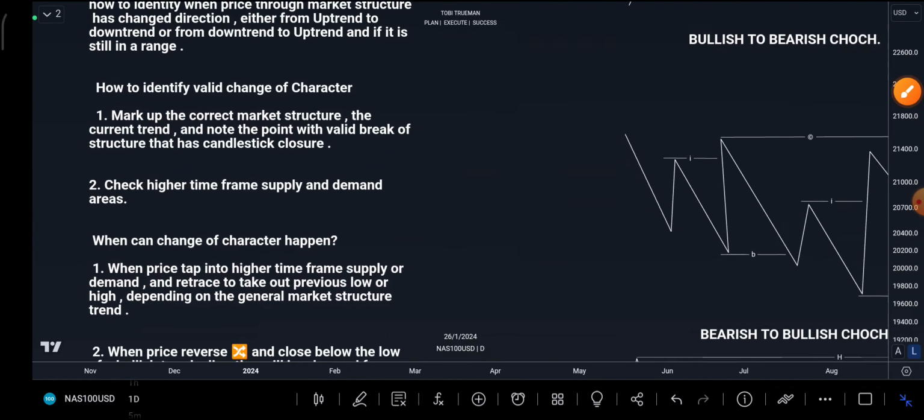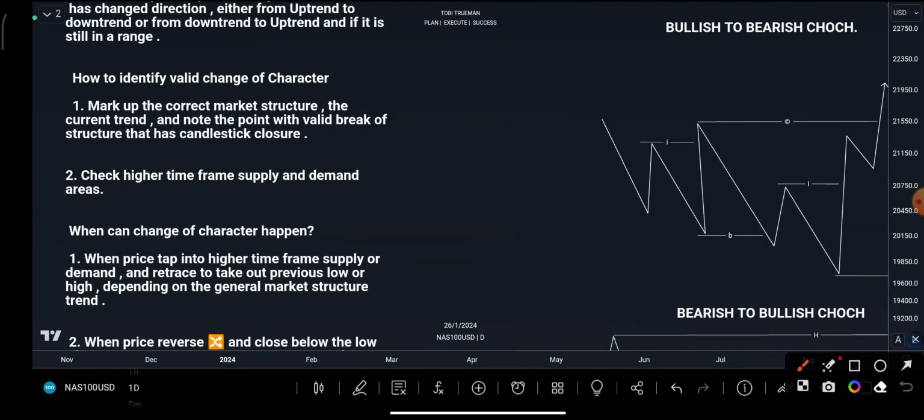You need to first of all note this. Number 1, mark up the correct market structure, the current trend, and note the point with valid break of structure that has candlestick closure. We have studied about break of structure in number 6 of the components of smart money concept. Now we are going to be looking at number 2.